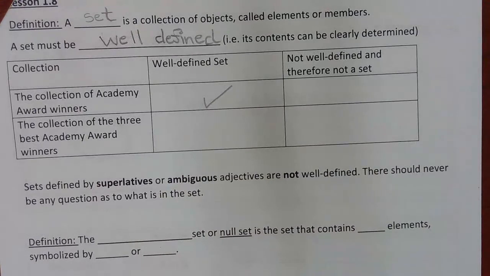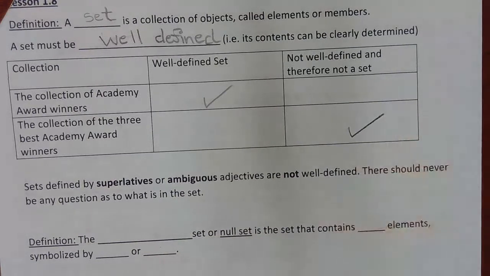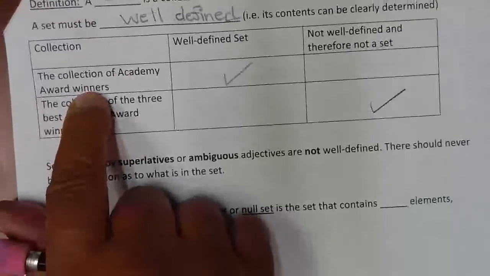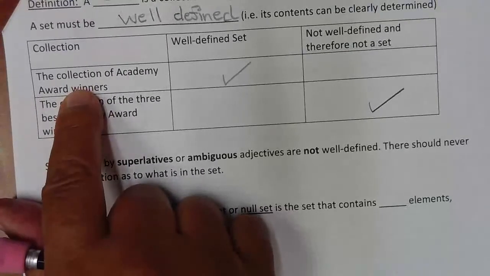The collection of the 3 best Academy Award winners. That is not well defined, and the reason is that it's a matter of opinion. It's subjective. When something is well defined, it has objective, very specific parameters. Here we know that the parameter is that it has to be someone that has actually been granted an Academy Award.